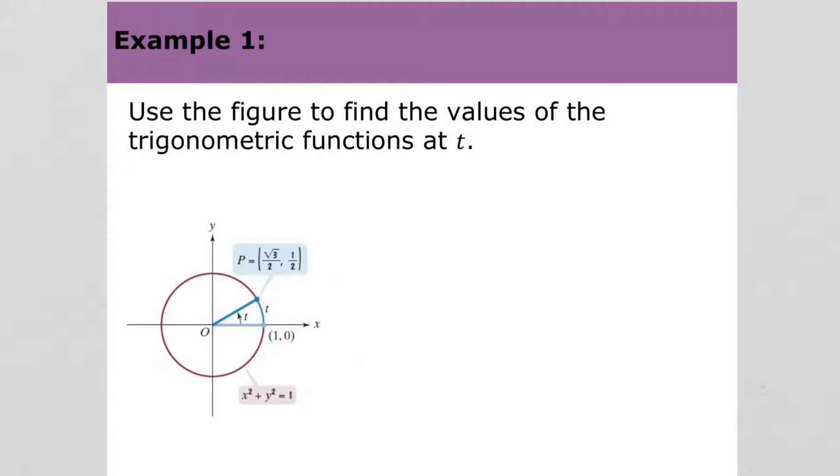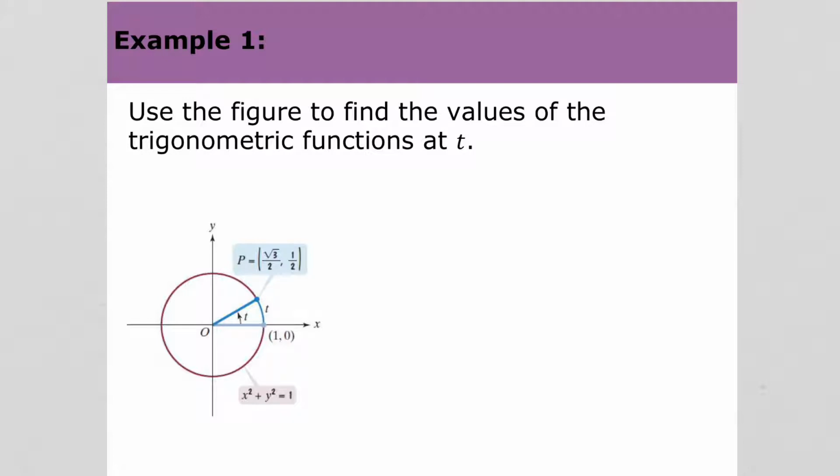So for example 1, it says use the figure to find the values of the trig functions at t. So we're going to find, I do believe, all 6 of the trig functions at this particular point. We don't know what the angle is, but that's okay. We just need the point.